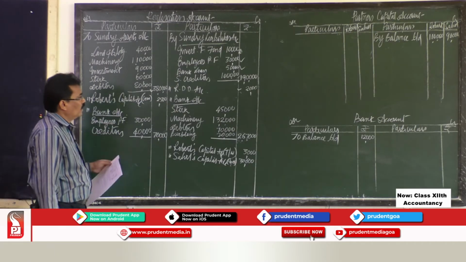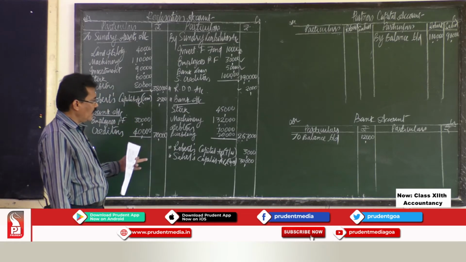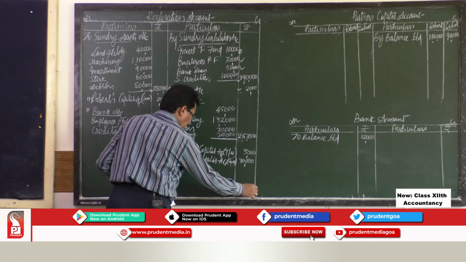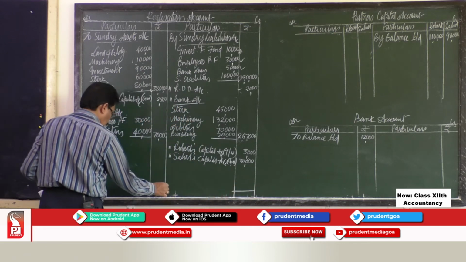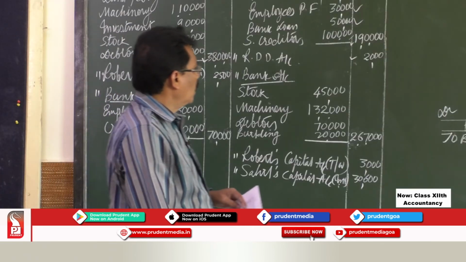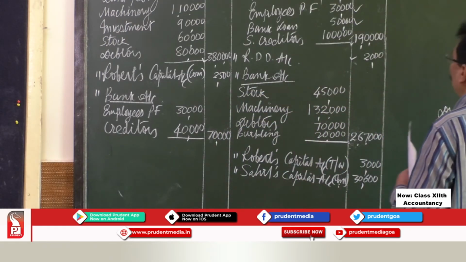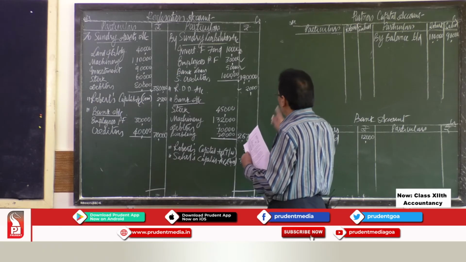So you have to see whether the debit side total is greater or the credit side total is greater. On the credit side of the realization account, it is more.